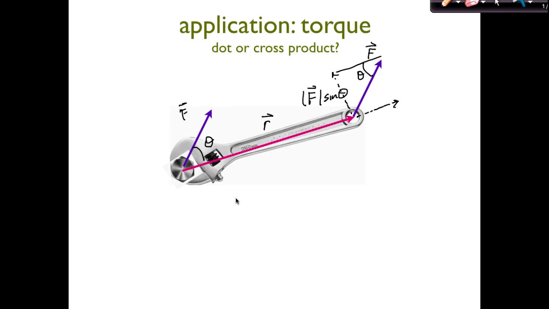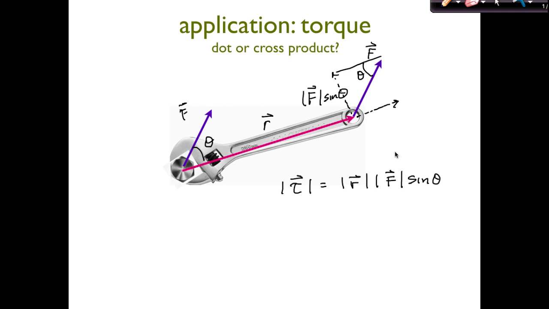So the magnitude of the torque is going to be the length of the moment arm times the part of the force that's actually turning this thing. So this is force times the lever arm.